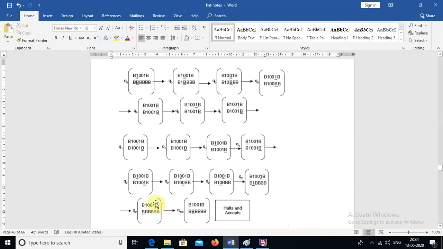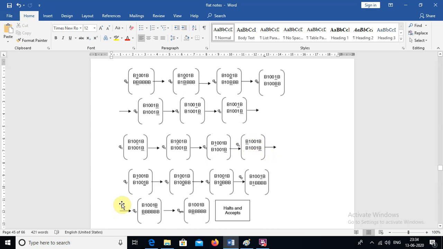Okay, so now we changed to the final state, that is QS, and there we can halt and accept the string. Okay, and here also we have a change in state. So here again we reached the leftmost, and we started the movement to the right side.